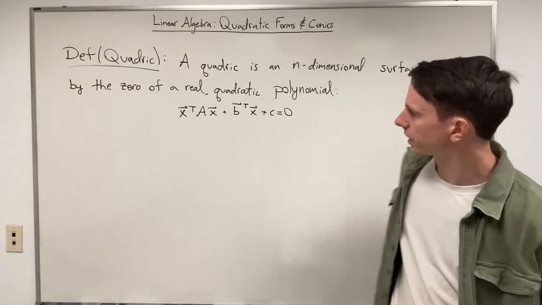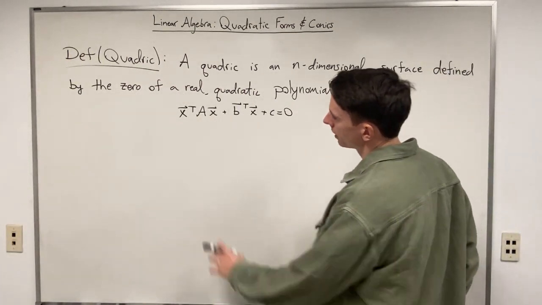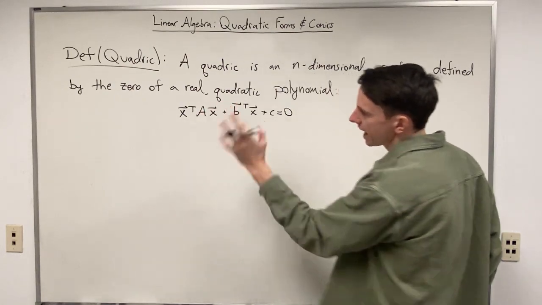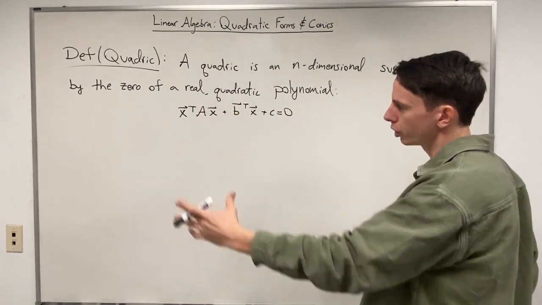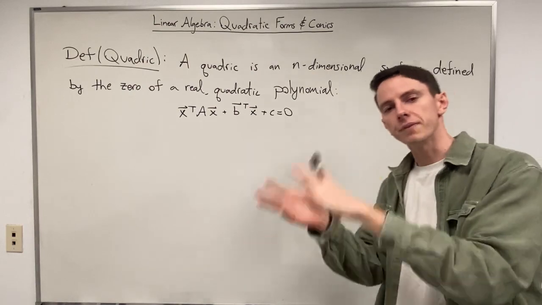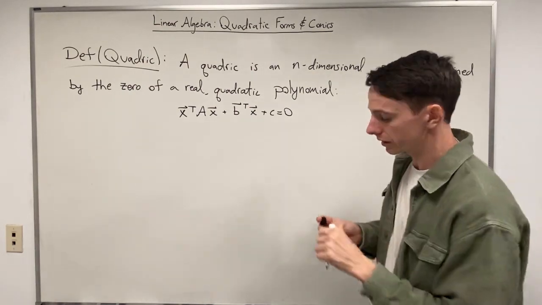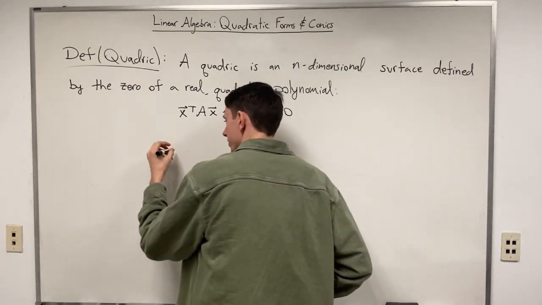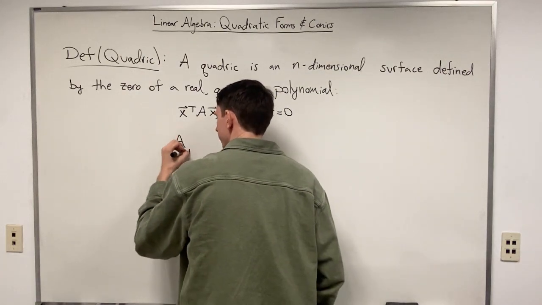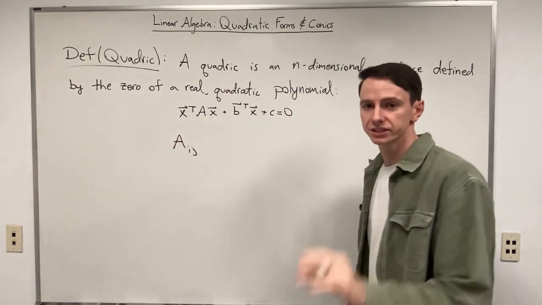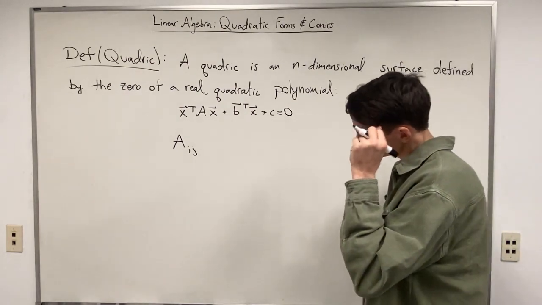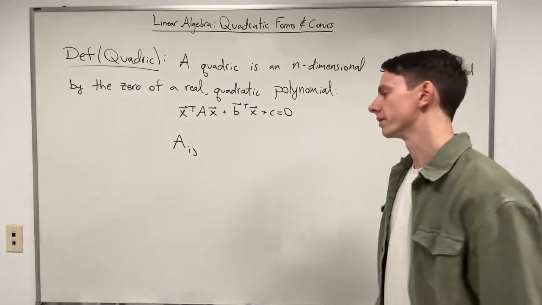So the first thing that we're going to do is show that this matrix A can be decomposed into symmetric and anti-symmetric counterparts. And here's how we would go about doing that. So let's just say I have a general matrix A. It's some m by n matrix. And this would be the ijth element of it.